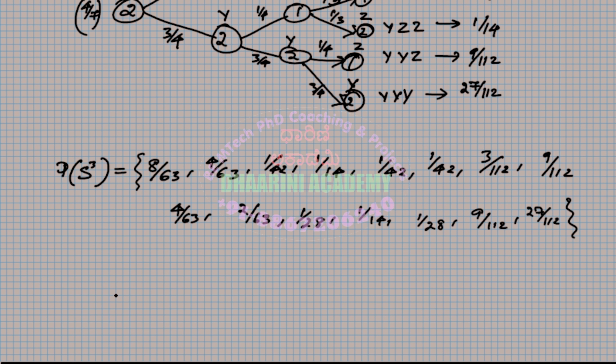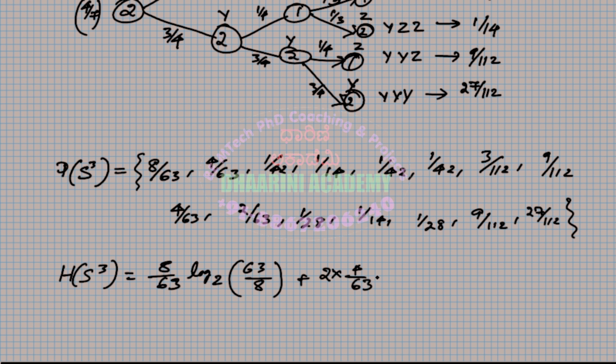Now we have to calculate the H of SQ. For every term, I just have to calculate the probability and log of that. So this is 8 by 63 log to the base 2, 63 by 8, plus 4 by 63, we have two terms, so 2 times 4 by 63 log to the base 2, 63 by 4.